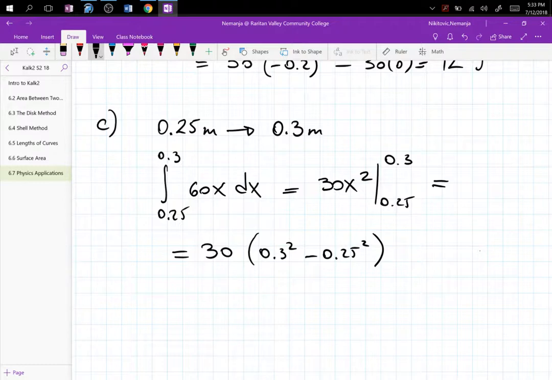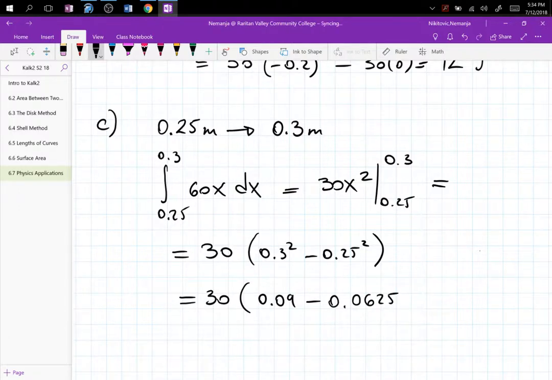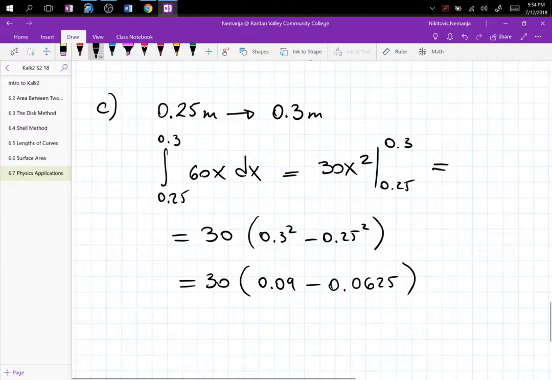So now this is equal to some number, right? You have 30 times 0.09 minus 0.0625. Or something like that. That's 30 times 0.0275.